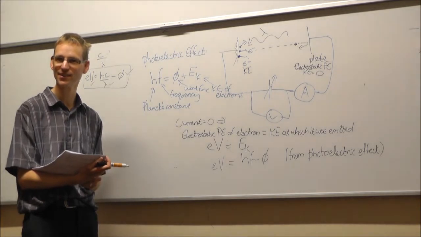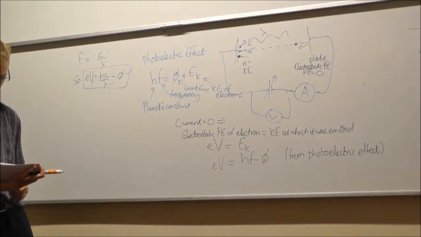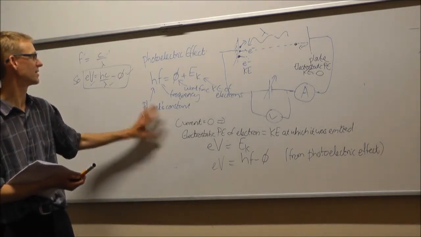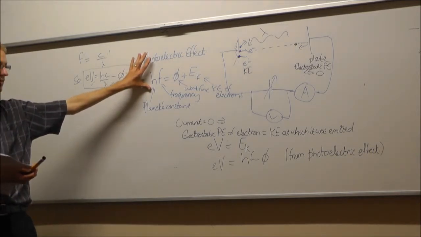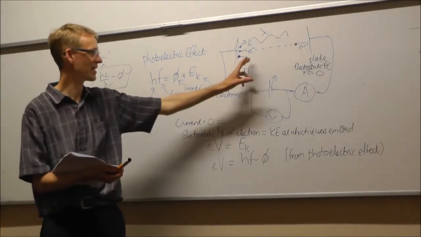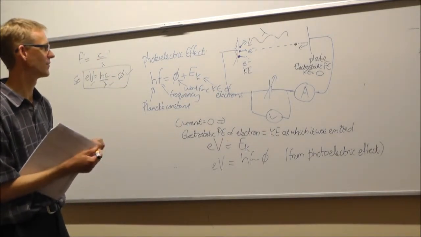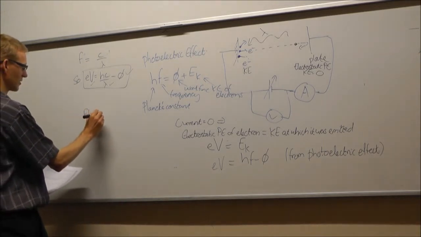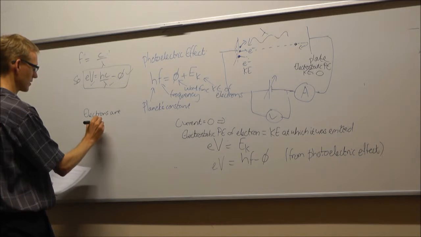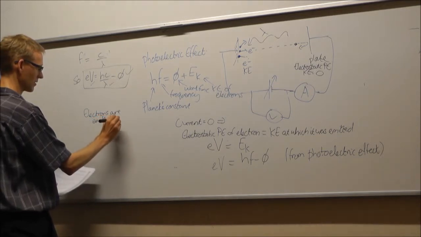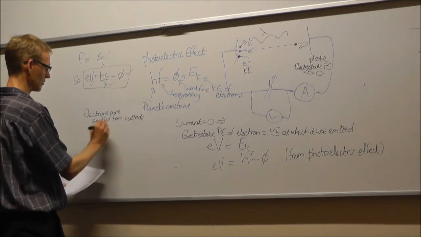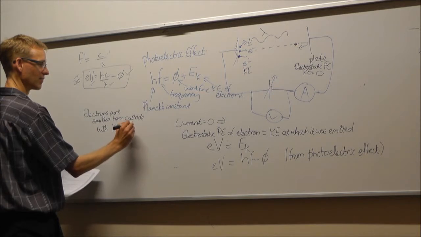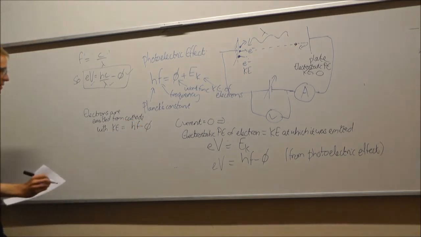Happy? The full explanation of the derivation, do you think? Have I explained fully? I guess really we're using the photoelectric effect equation, which is well established. It really comes down to this argument here, isn't it? Yeah, the energy thing. So we could say that electrons are emitted from the cathode with KE equals hf minus phi.